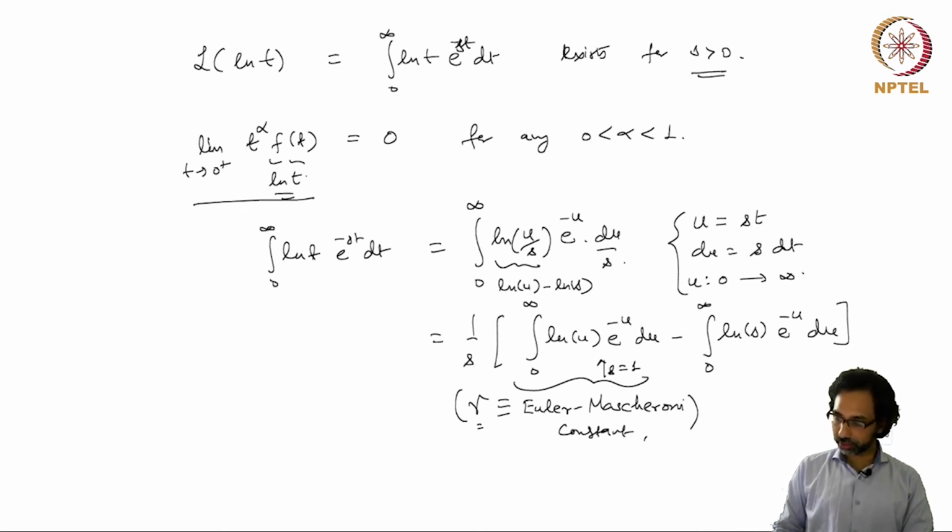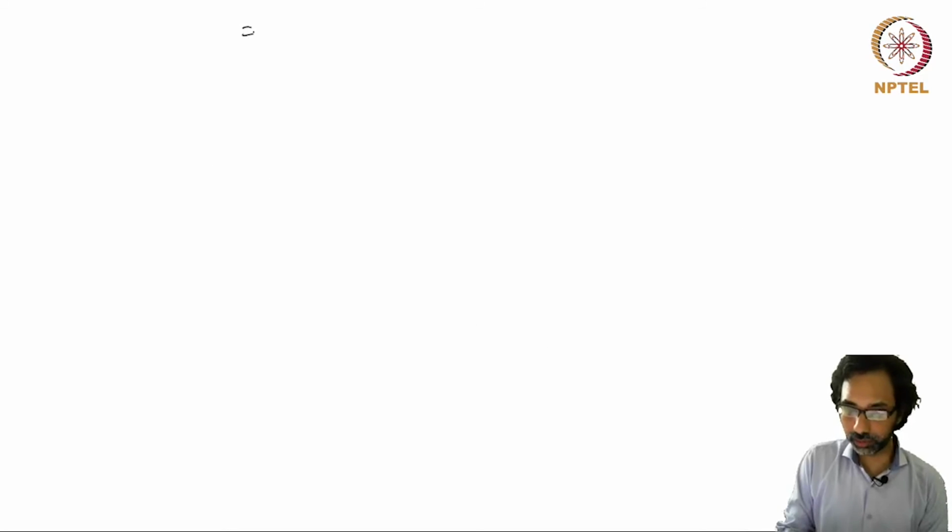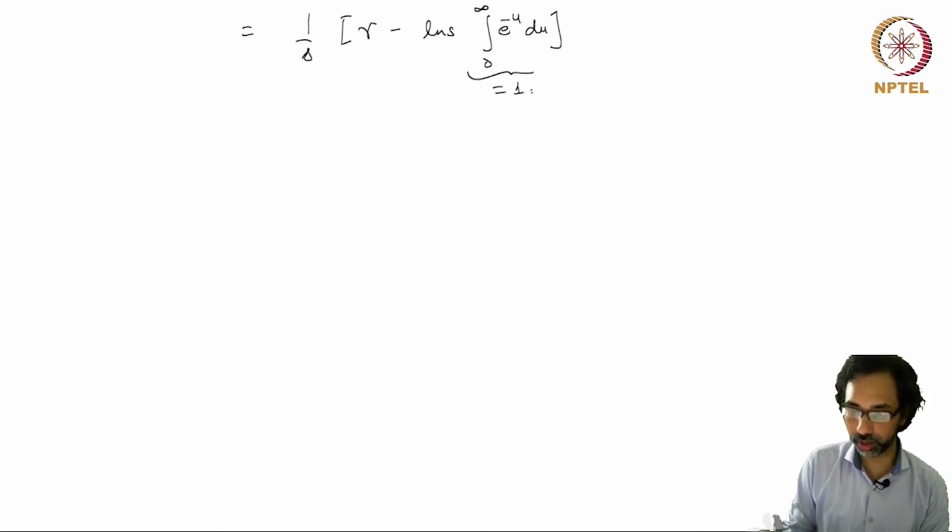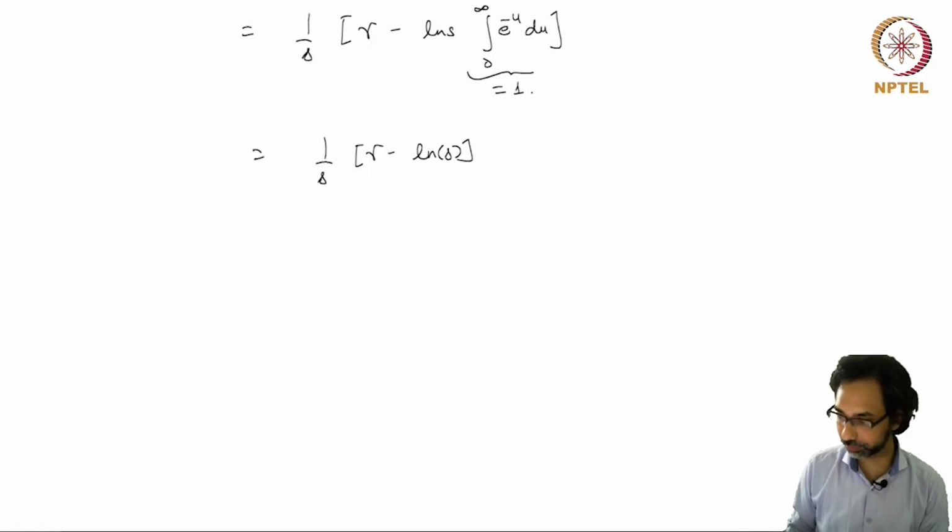Now the second term is easy to compute. So this is equal to 1 over s times gamma minus ln s times the integral from 0 to infinity of e to the power minus u du, but this is nothing but 1. So one gets 1 over s times gamma minus ln s.